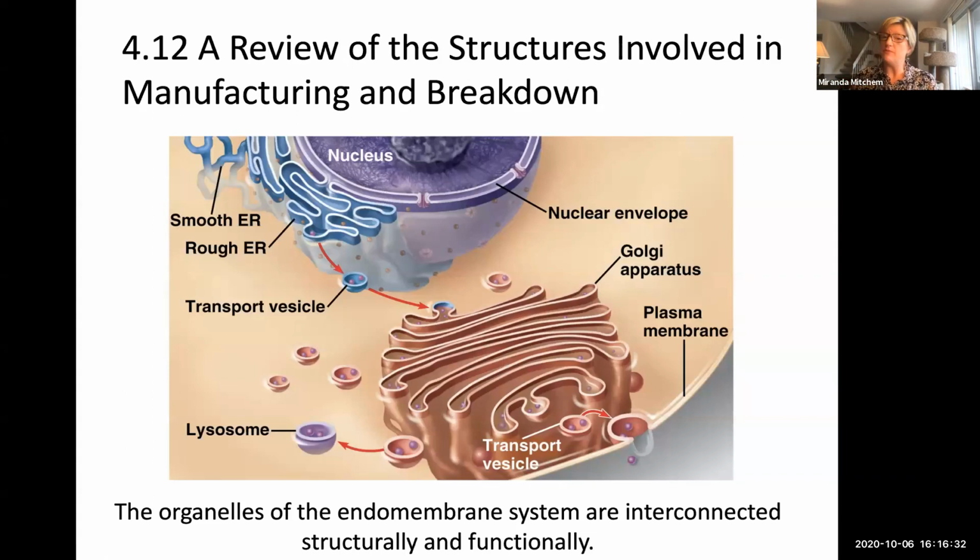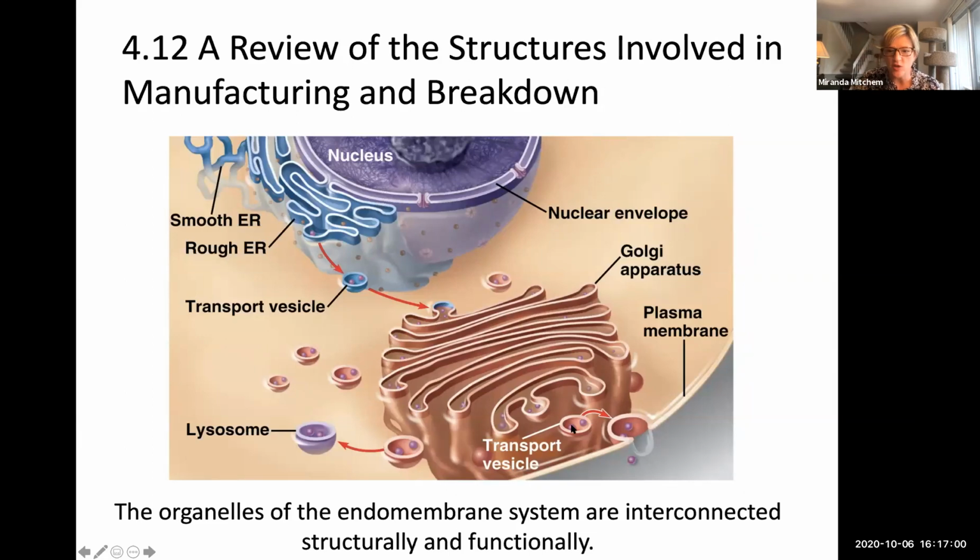If there need to be modifications made to it, that can happen, such as a sugar group being added to it. It can have different tags added to it. And when that's all said and done, the material pinches off in what is now called a second transport vesicle. But notice the membrane's a different color than our first transport vesicle.